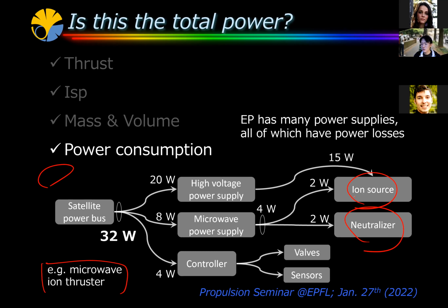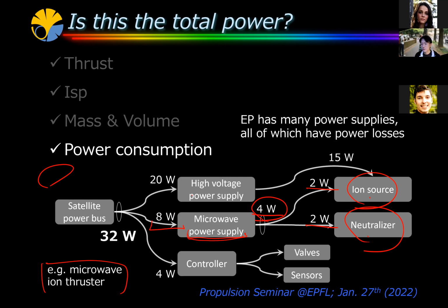And to generate plasma in the ion source and neutralizer, in this example, we need 2-watt microwave power and 2-watt microwave power. In total, we need 4-watt microwave power. And this microwave power is generated here, by the microwave power supply. And usually, or always, this kind of power supply has loss. So the output is 4 watts. However, the input may be 8 watts.